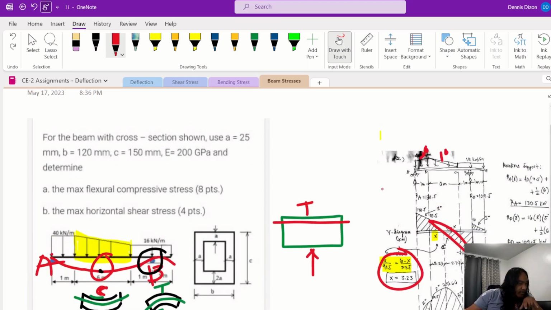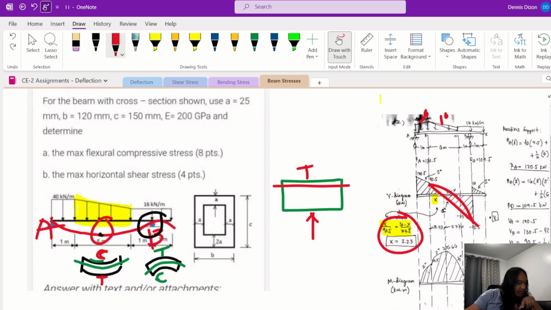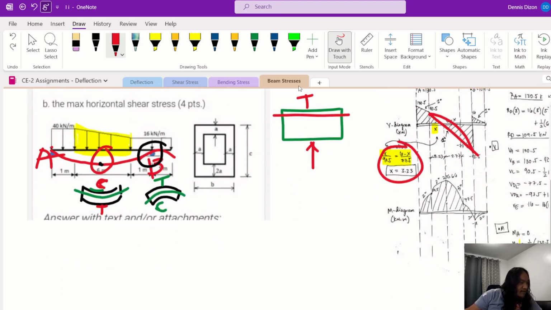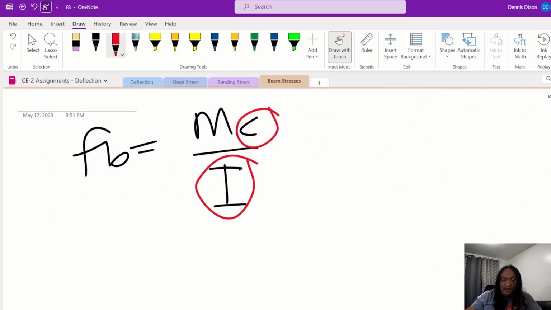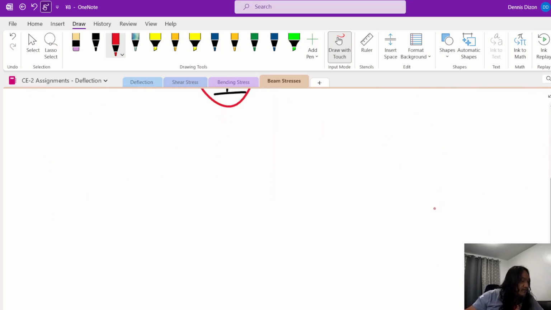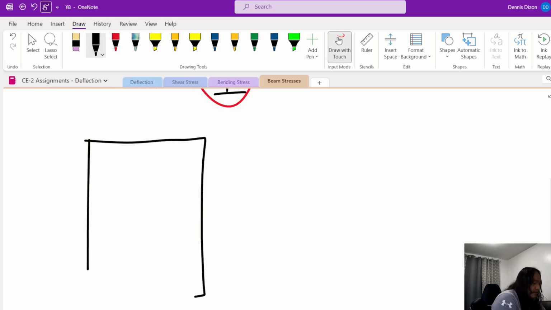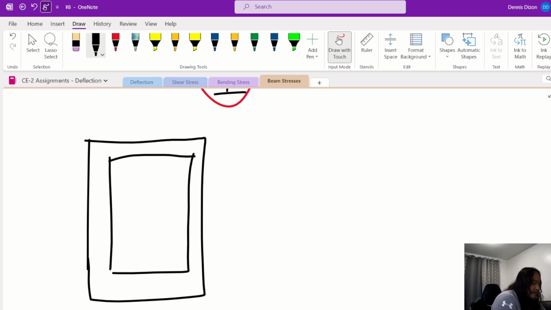A to A. So our section, just assume that A is perfect, like this one here. This one here is equal to that one.